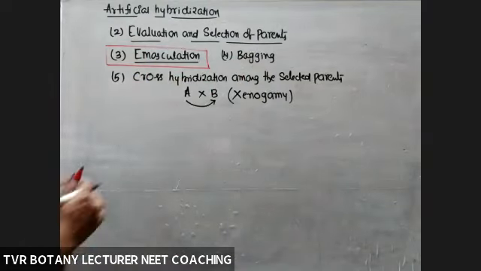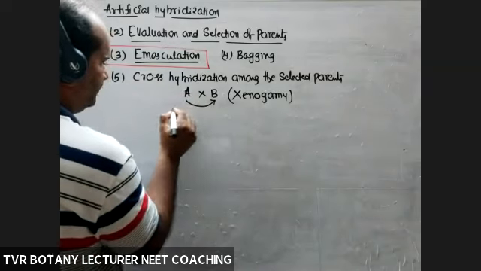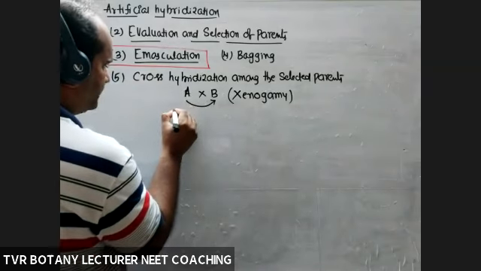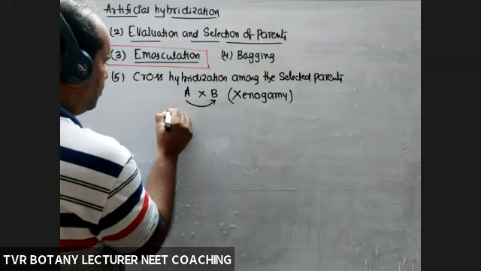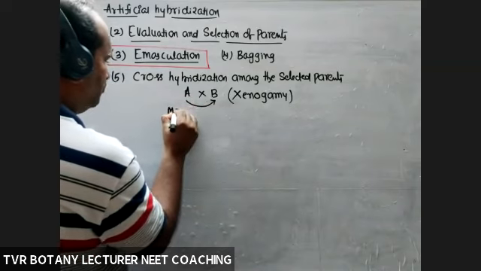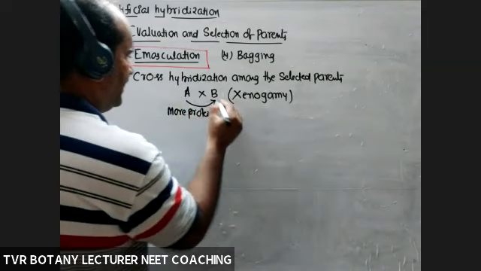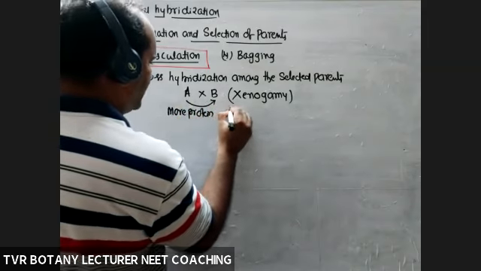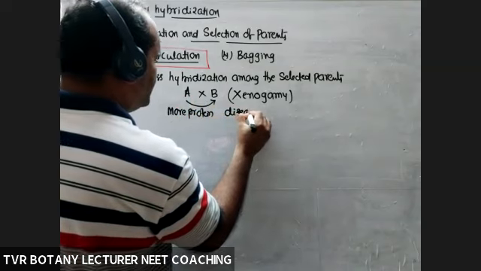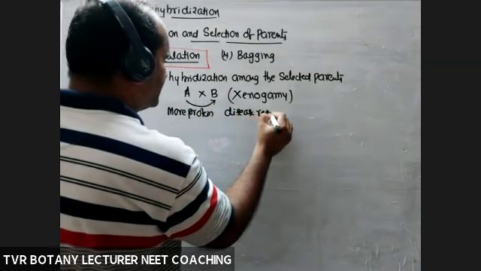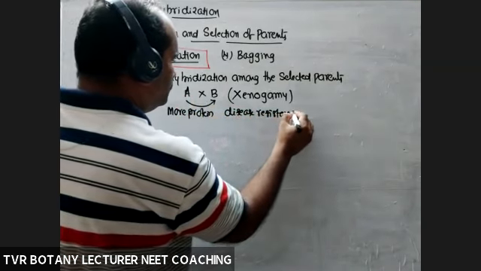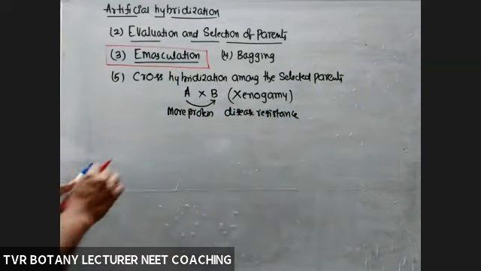Okay. So here, for example, the first parent, A, with more protein quantity according to your textbook. More protein. And the second parent with disease resistance. So what is our objective?